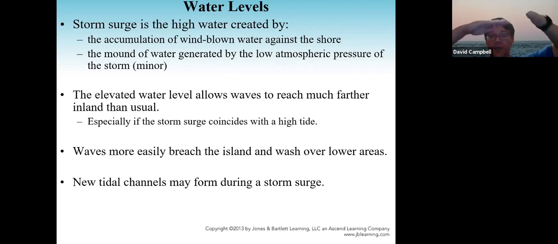And of course, then we got the tides going on top of that as well. So because of storm surge, we can have waves going in much further than would be normally the case, and much easier to potentially erode through dune areas and make a new channel.